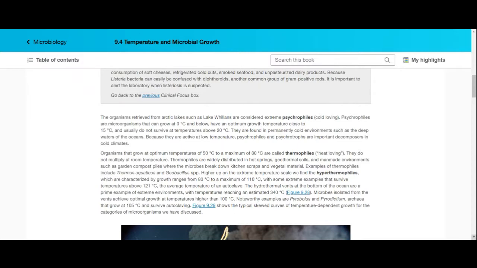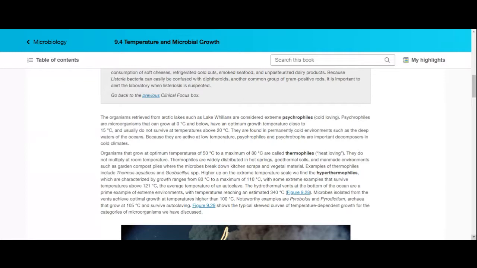Then we have thermophiles and hyperthermophiles. So thermophiles are about 50 degrees Celsius to 80 degrees Celsius. And then the hyperthermophiles from about 80 to 110 degrees Celsius. You see there's some that survive above 121 degrees Celsius. So we're talking here well above boiling water temperature.